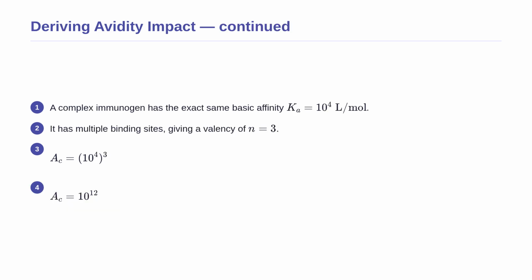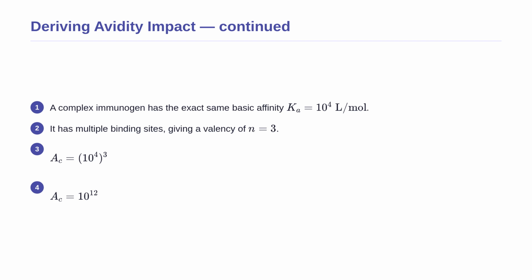Now that we have our baseline, let us prove mathematically why larger, complex molecules are better at engaging the immune system. We take a complex immunogen that has the exact same basic binding structure, meaning its intrinsic affinity is still 10 to the power of 4.